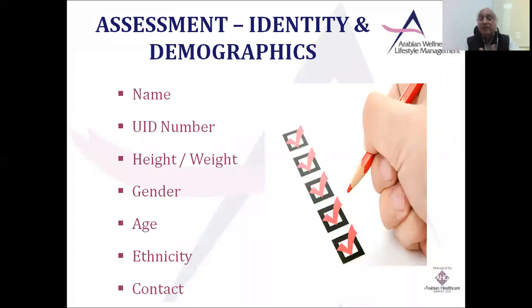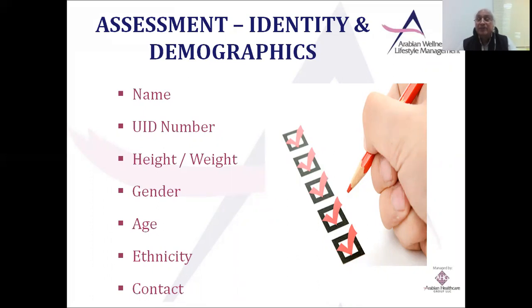In the first instance, in the questionnaire, on your screen or on paper, we would ask for your name. We would give you a unique number which you can correct and put in your own unique number for reasons of privacy. We would ask you your height and weight in centimeters or feet and inches as you have it, your gender, your age, your ethnicity.